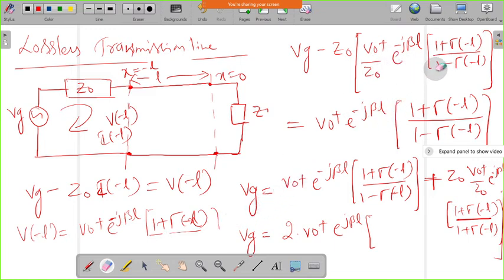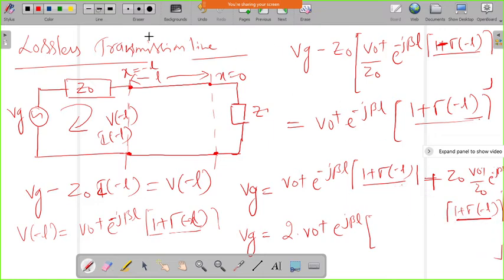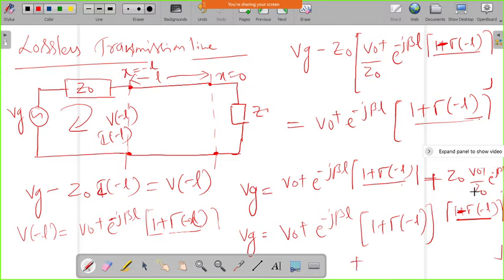In the I of L equation it is only 1 minus gamma L, and here it is only 1 plus gamma L. So this is 1 plus gamma of minus L, and this is 1 minus gamma of minus L. So now we will have Vg equal to V0 plus, e power minus j beta L into 1 plus gamma of minus L, plus, Z0 cancels, V0 plus into e power minus j beta L into 1 minus gamma of minus L. So only we have these terms.